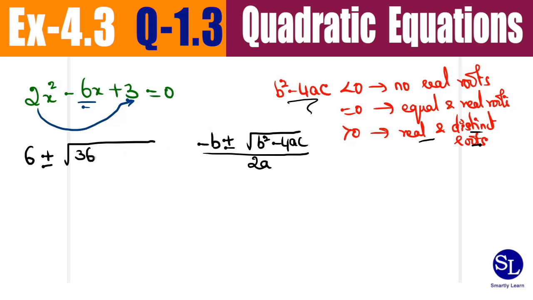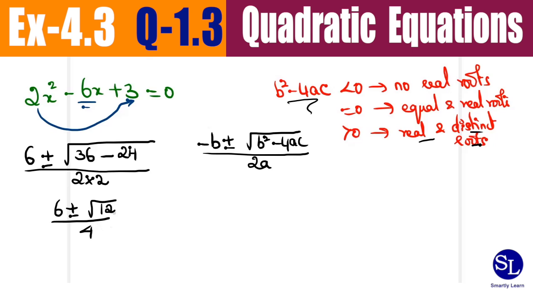I'm directly writing this as 36 minus 4 into a into c. So 4 into 2 is 8, 8 into 3 is 24. Remember, we just computed this for the calculation of b square minus 4ac, so you can directly replace that. Divided by 2a, so 2 into 2. So 6 plus or minus root 12 divided by 4.